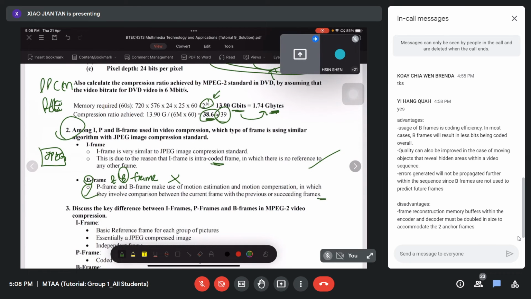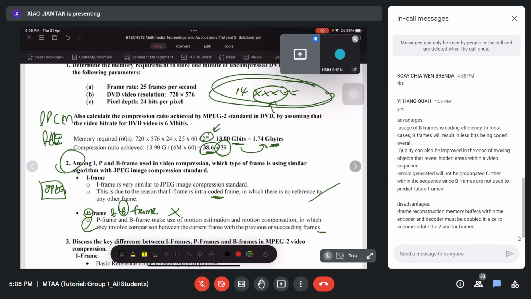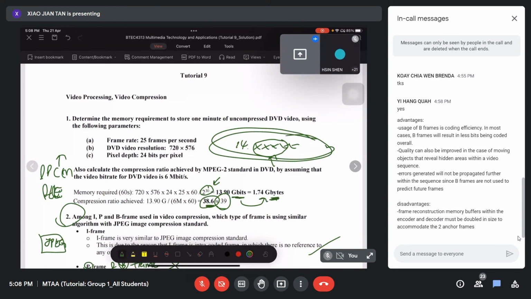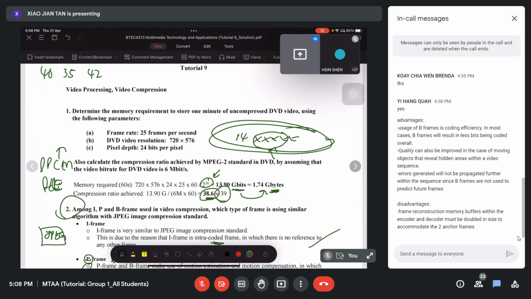Differences with respect to the first one. For example, DPCM is the most obvious. For example, the first DC value is 40, and then maybe 35, and then maybe 42. So the way the DPCM codes is 40, and then maybe -5, and then positive so many, and so on and so forth. So this is the pattern over there.